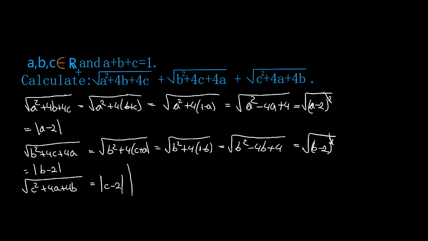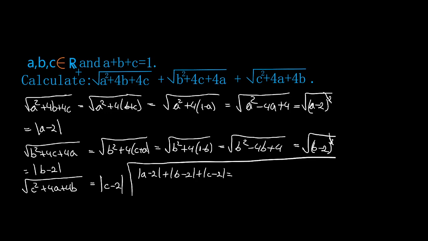But now we can add them together. So we will have that the absolute value of a minus 2 plus the absolute value of b minus 2 plus the absolute value of c minus 2 is equal with.